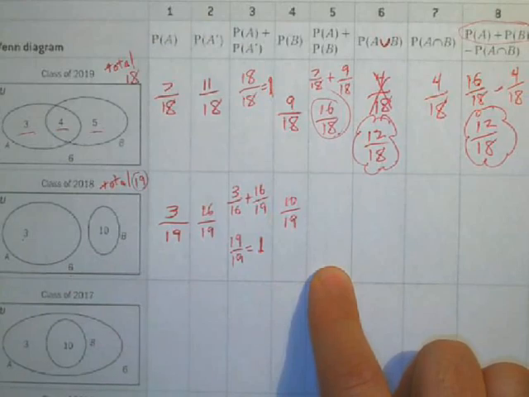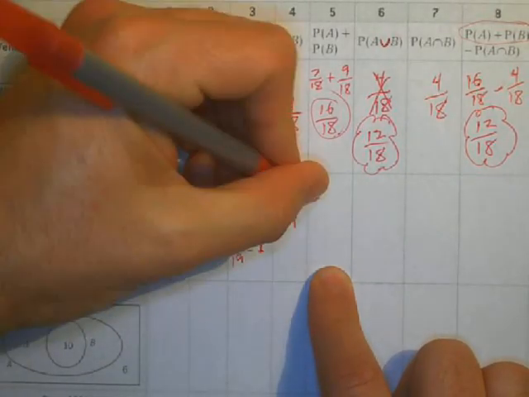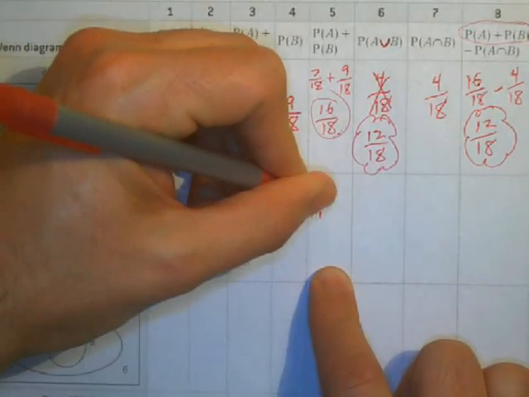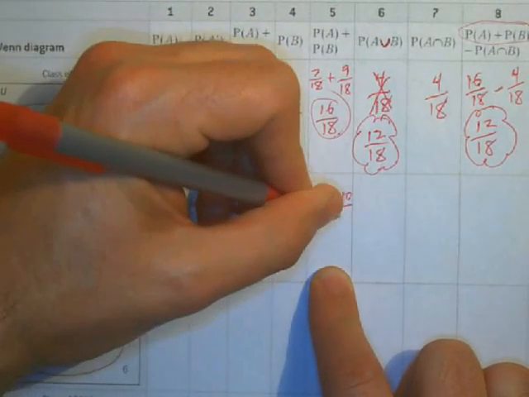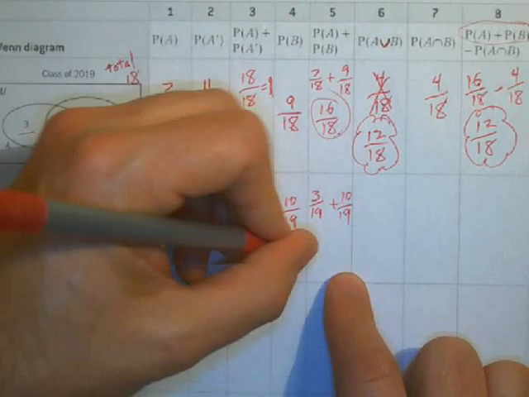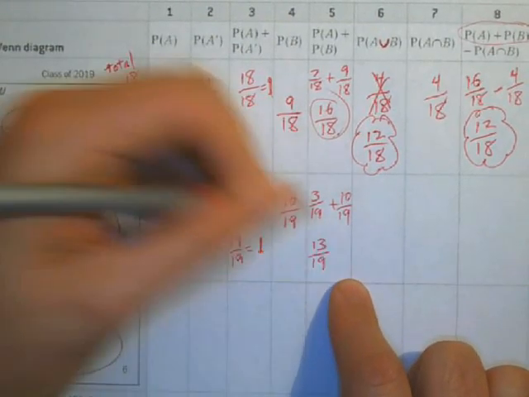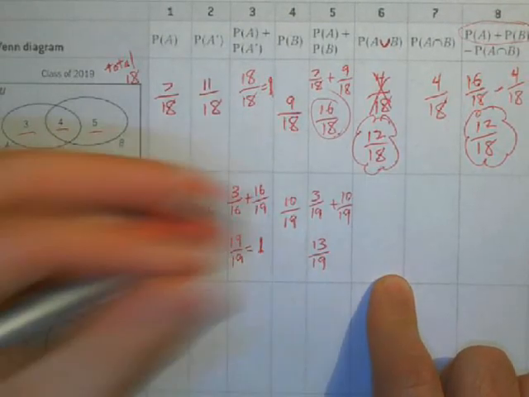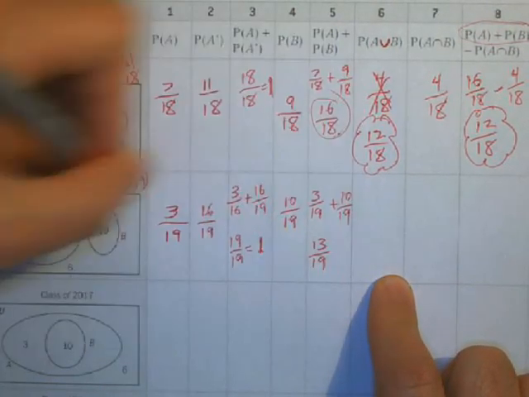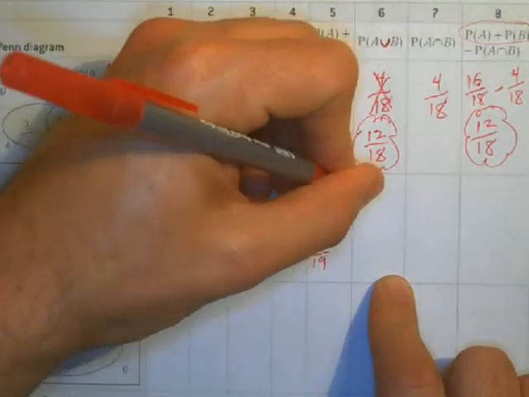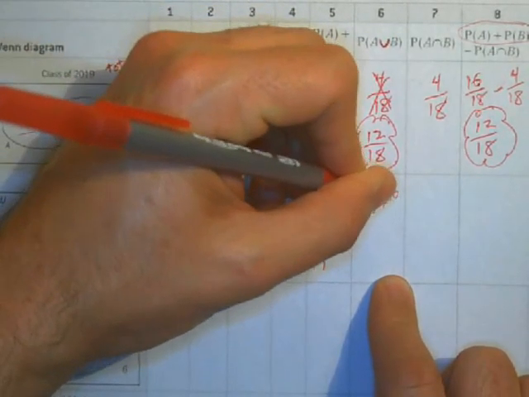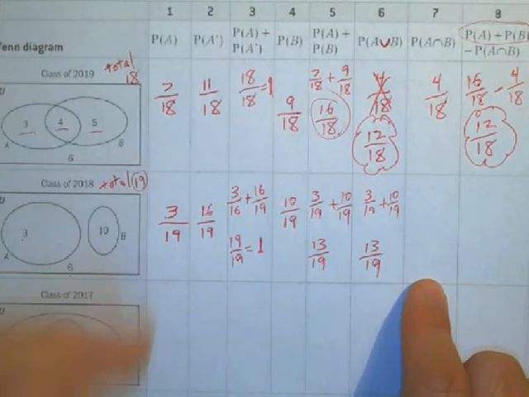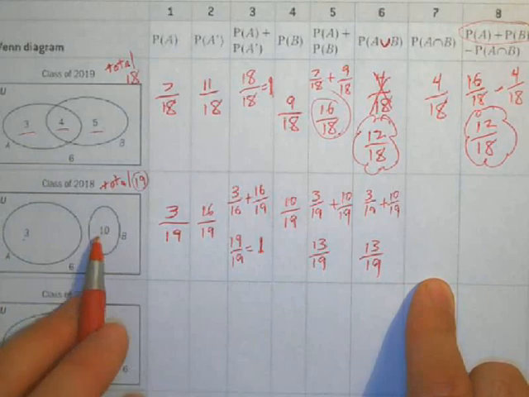Probability of A plus probability of B: 3 over 19 plus 10 over 19 is going to give me 13 over 19. Alrighty. A union B is 3 over 19 plus 10 over 19, which is also 13 over 19. A intersection B, there's no intersection, is there?